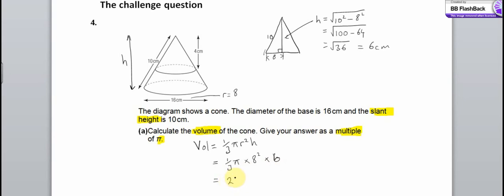So we've got 2 times pi times 64, because that's 8 squared. 2 times 64 is 128, and 128 times pi. And now that is actually our answer, believe it or not, because that's the answer as a multiple of pi. This is normally something you see on a non-calculator paper or towards the end of the higher tier paper. Don't get worried about the multiple of pi thing, it just means don't use a calculator. And as before, this is cubic centimeters.